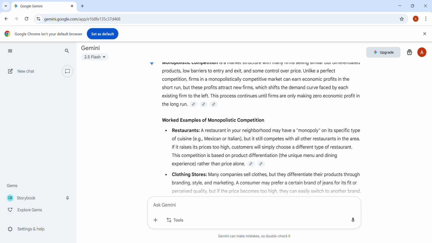So for the oligopoly, we have fewer firms than in the monopolistic. Note, the first one that we just discussed was monopolistic; it's different from oligopoly, and it's also different from monopoly.